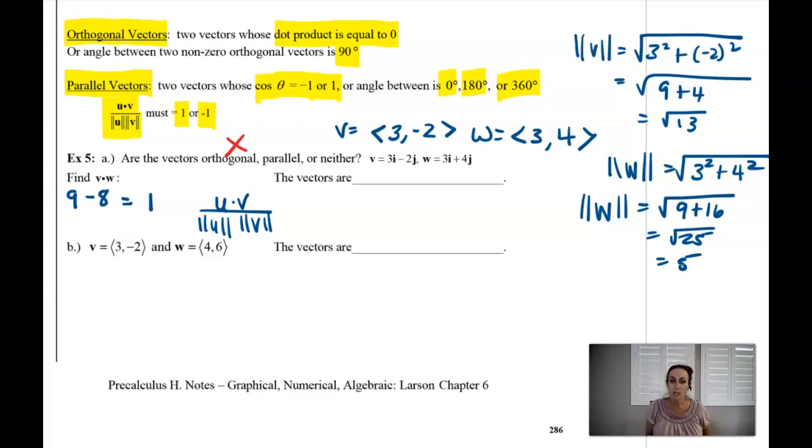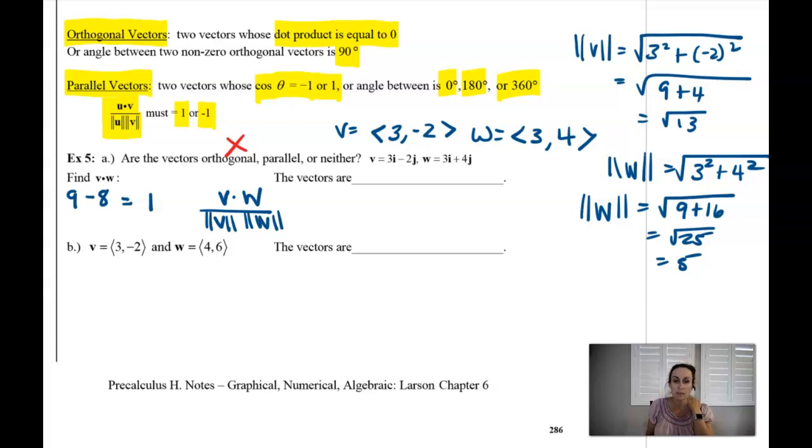So now u dot v, we already did u dot v over here, and in this formula it's actually going to be v dot w. So I can rewrite this if you want. So v dot w over the magnitude of v times the magnitude of w, just so we have the same variables.